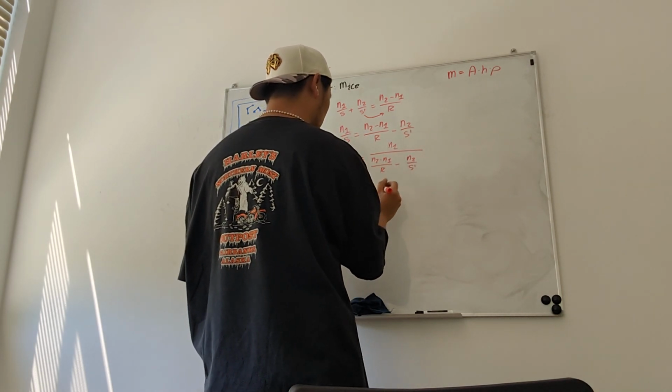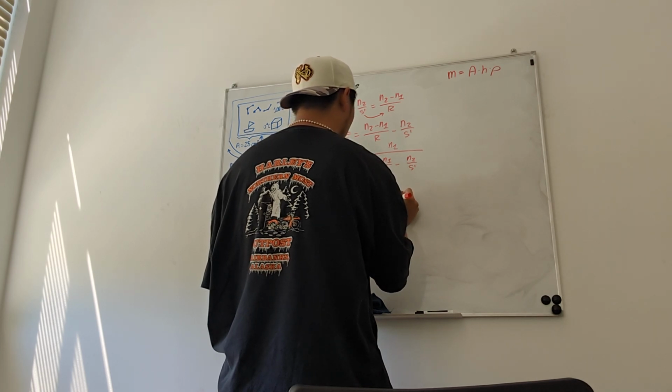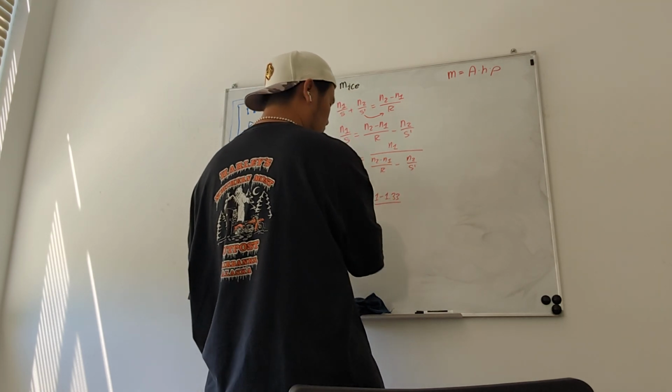Plugging things in, we get n2 is 1, minus n1, 1.33, over r, which we're told is 1 meter.